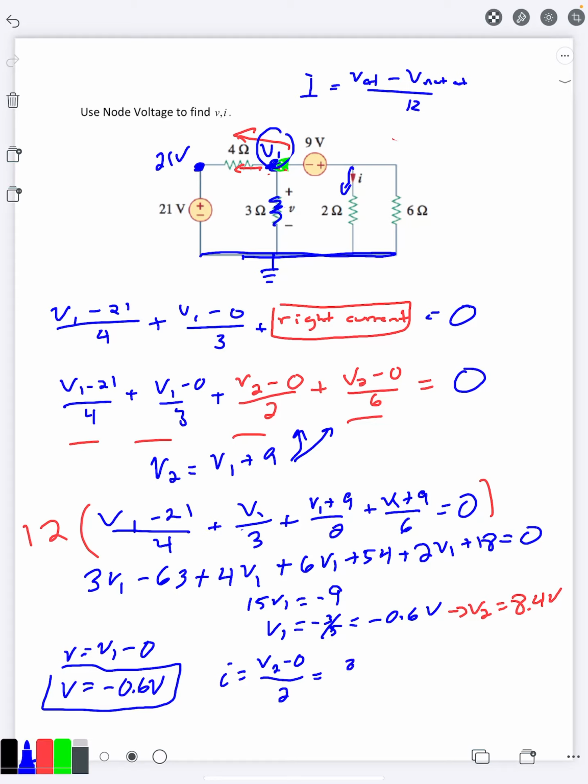So we're going to have 8.4 volts divided by 2 ohms. So my I is going to be 4.2 amps. So we found our voltage and our current that we were looking for using node voltage.